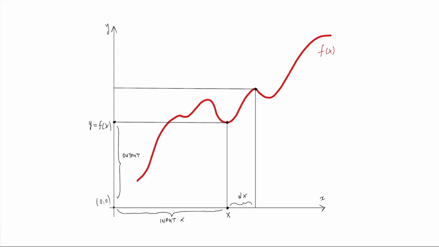Because in principle, we want to make this value as small as possible, but let's assume that we start somewhere, as some kind of concrete value, which we will then try to approach x. If this point is x, then this point here has its x projection as x plus dx, and its y projection is f of x plus dx.